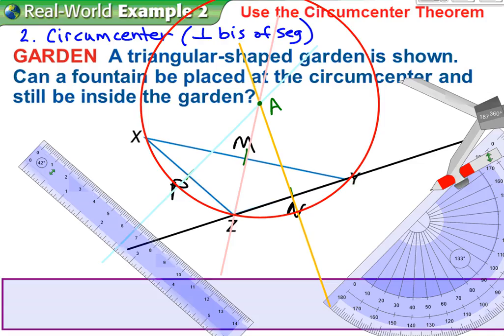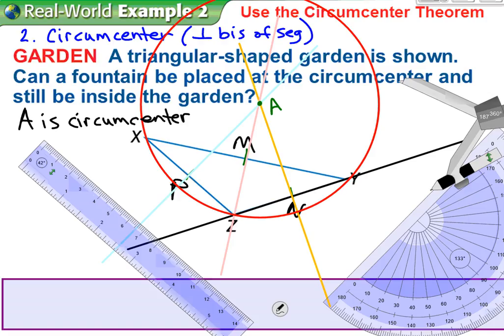It should be fairly close. And if it's not, then it's a little bit because of error in measuring and marking things. So you want to write on your paper that A is the circumcenter.